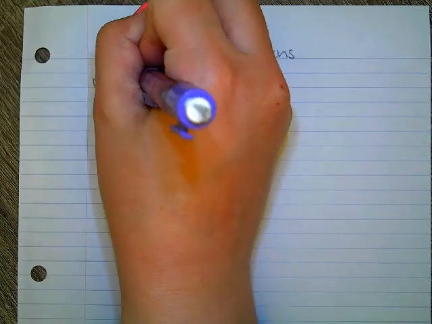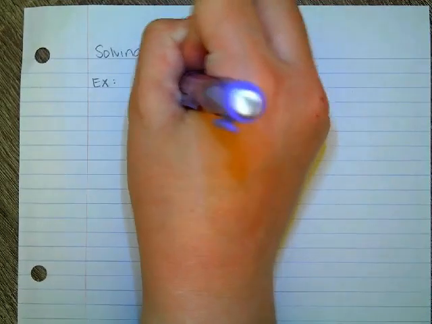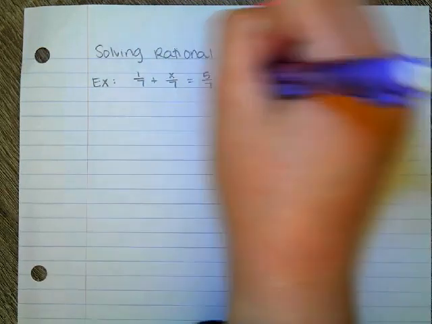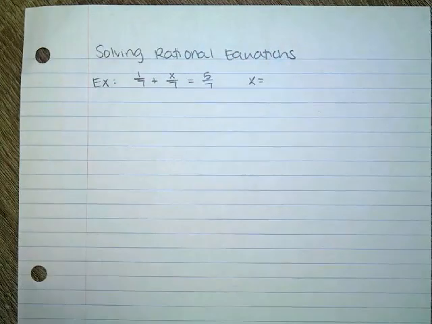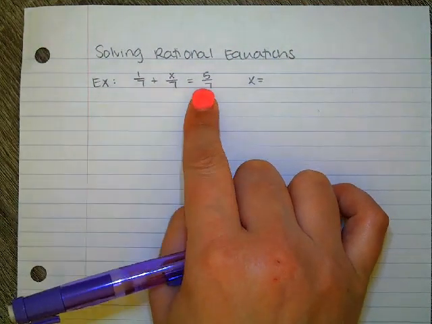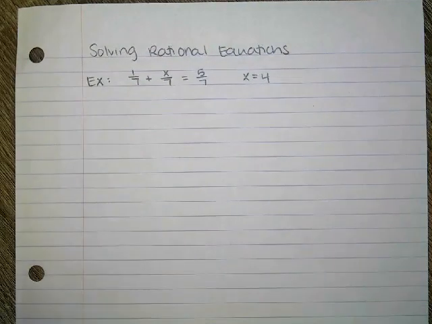So the first example is if I have 1/7 plus x over 7, and it equals 5/7, then what does x equal? So if you have 1/7 plus something sevenths equals 5/7, then obviously x is going to equal 4/7.